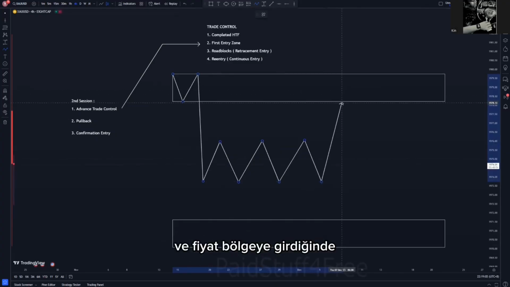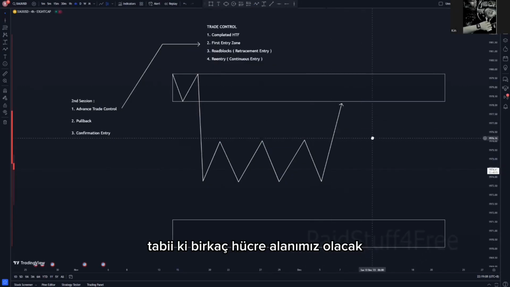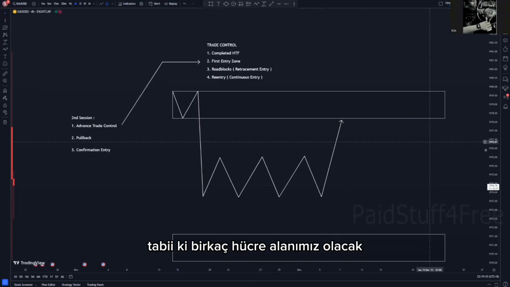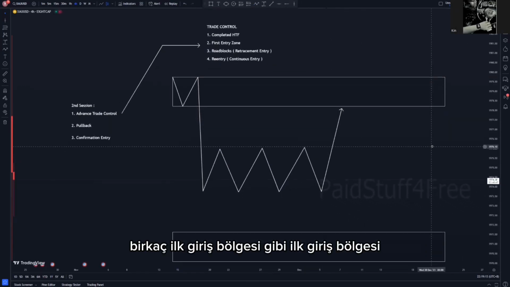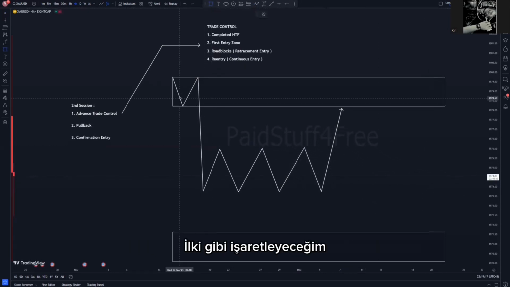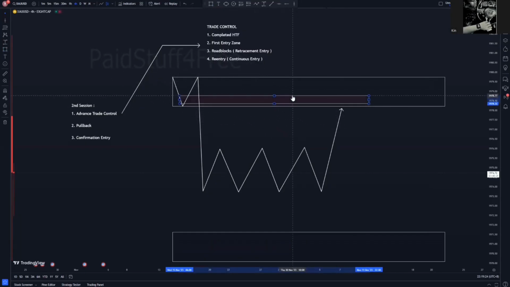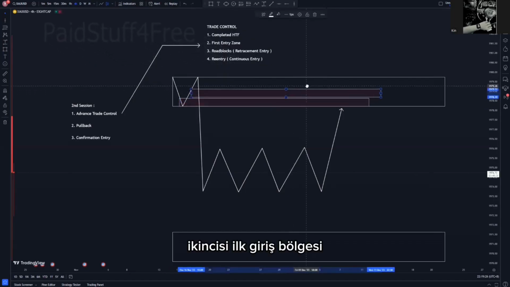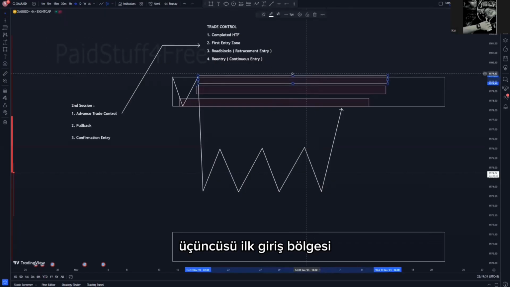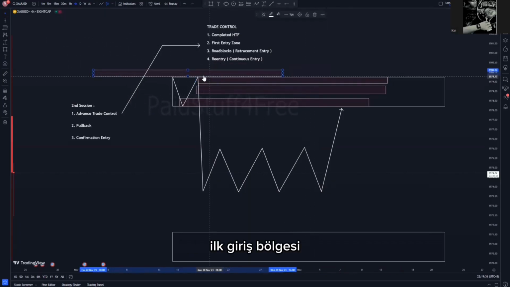And when the price gets into the zone, before that, of course, we're going to have a few sell zones, a few first entry zones. So we're just going to mark like this. The first one, first entry zone, the second one, the third one, and maybe we have the fourth one, first entry zone.